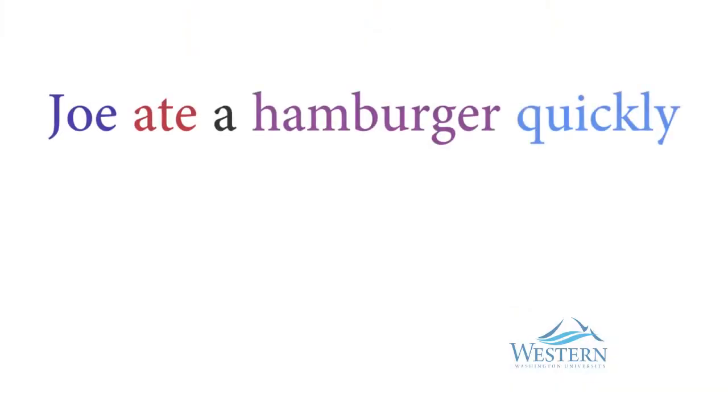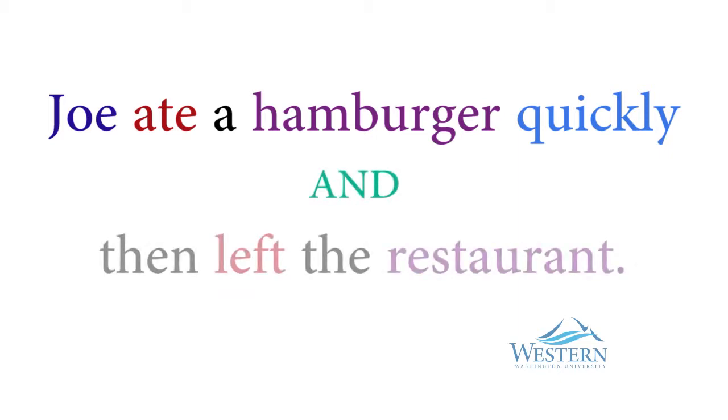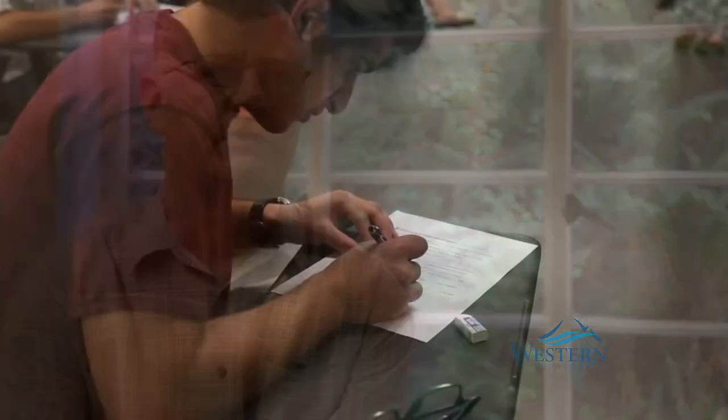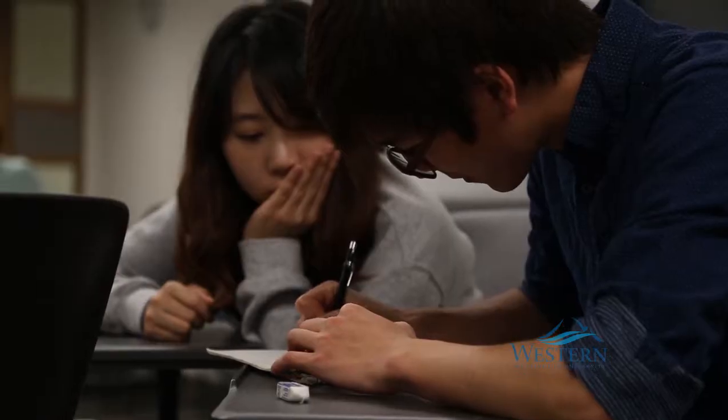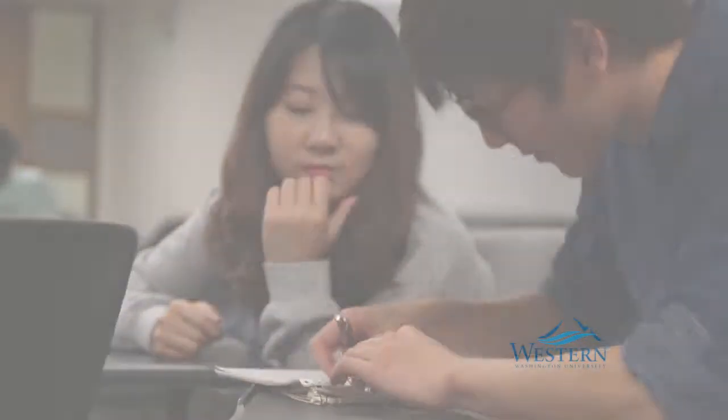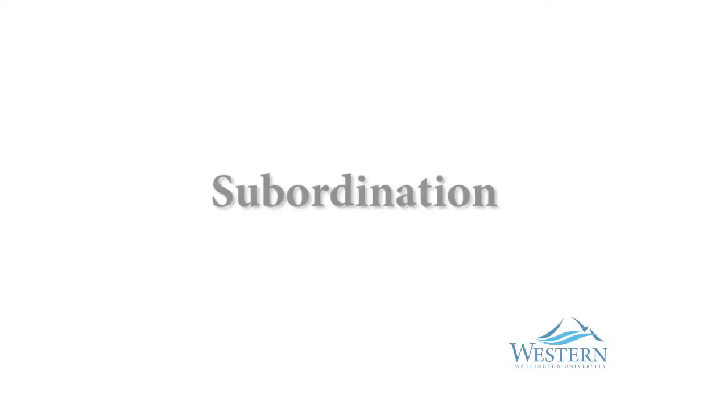Maybe Joe did 2 things. So you could say, Joe ate a hamburger quickly and then left the restaurant. So then you have 2 verb phrases. You're linking them together using and. That sounds kind of simple, but as you go up the levels, you find that that simple concept of coordination is really helpful.